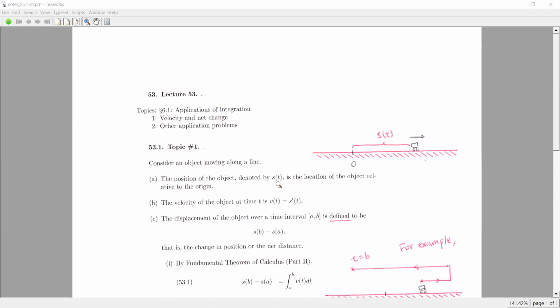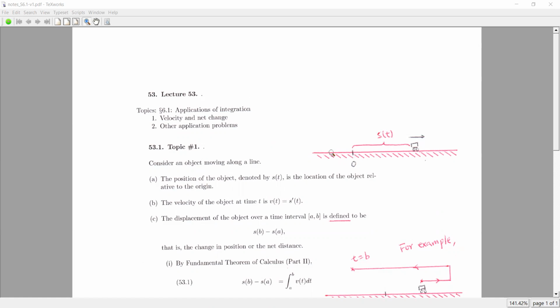The position of a moving object can be positive, can be negative. For example, in this diagram, if we consider the east is the positive moving direction, and the west is the negative moving direction, then when the object is to the right of the origin, its position is positive.